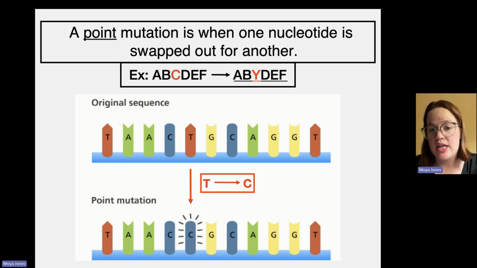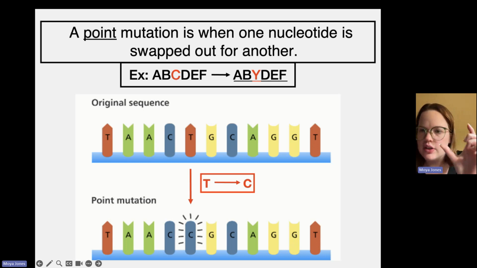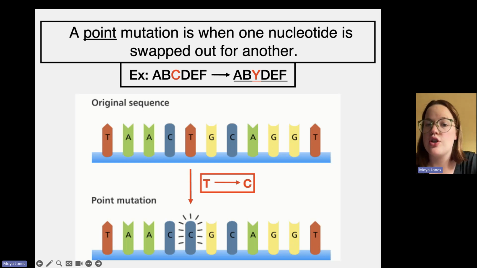A point mutation is what happens if one nucleotide gets switched out for another nucleotide. Our example here would be like if the sequence was ABCDEF and it changed to ABYDEF.